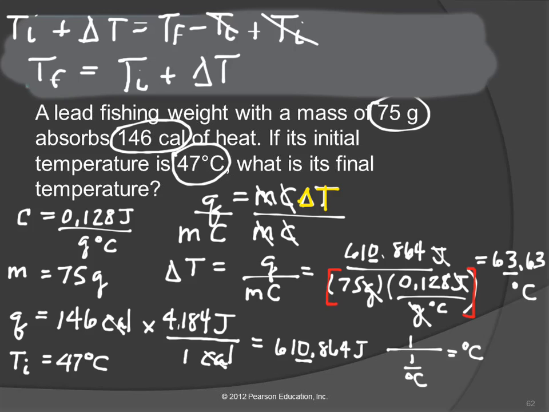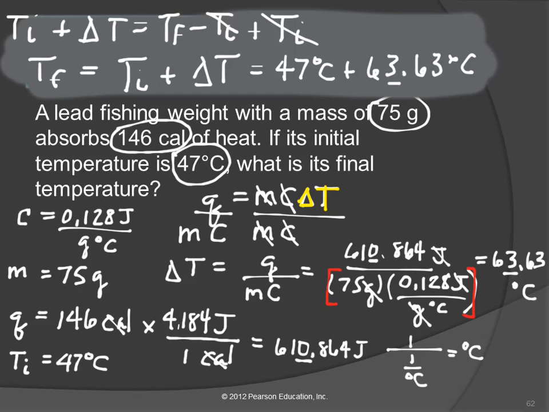So we started at 47.7 degrees plus this change that we just figured out, 63.63 degrees Celsius, and that has uncertainty in the ones place. I still get that number in my calculator.